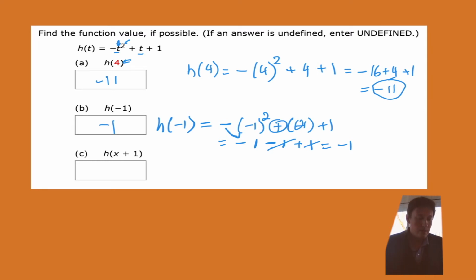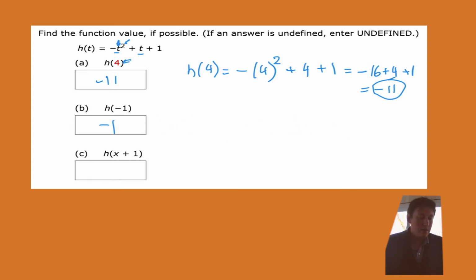The last one, I'm going to erase here and just get a little more room. So for the last one, the idea is exactly the same, just a little more challenging. So h of x plus 1 simply means instead of writing a number in place of t, I'm going to write x plus 1 instead of t.